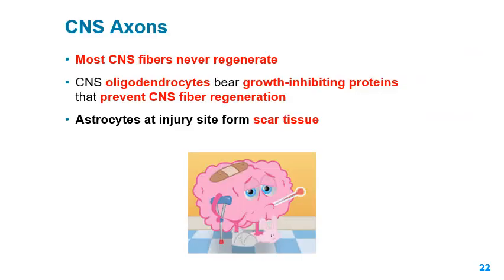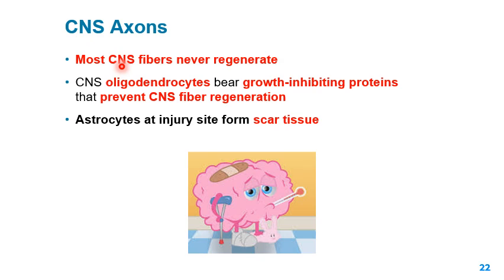All right. That only happens to peripheral neurons. It does not happen to central nervous system axons. When you have damage of a CNS axon, that is permanent damage. You cannot go back and rebuild that axon.